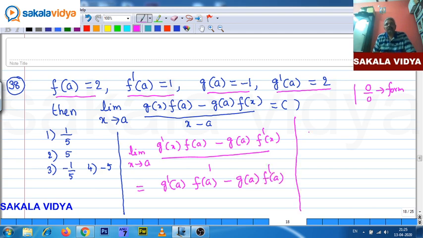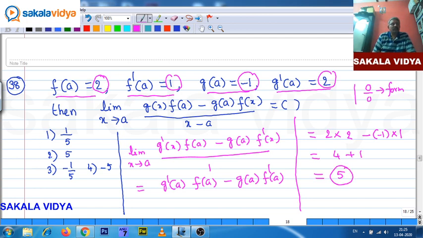So this equals g dash a equal to 2 into f of a equals 2, minus g of a equals minus 1 into f dash a equal to 1. So this is 4 minus into minus plus 1 into 1, plus 1, equals 5. So this is the answer.